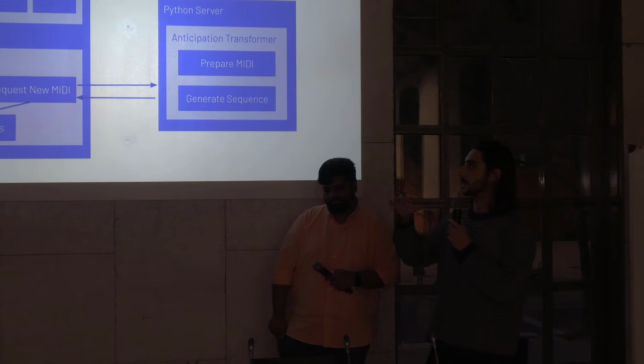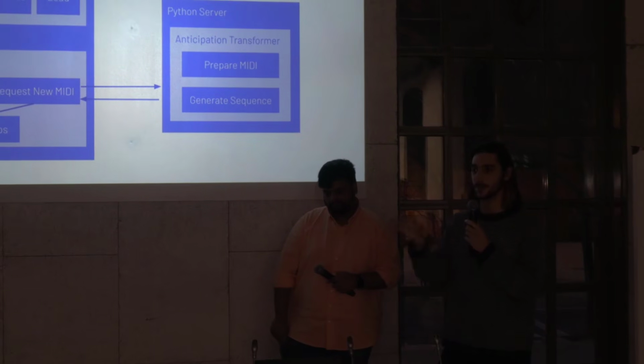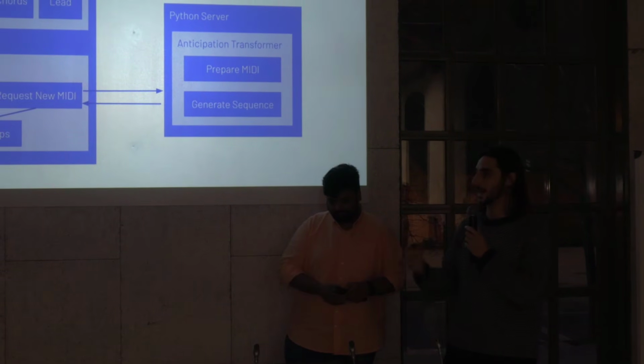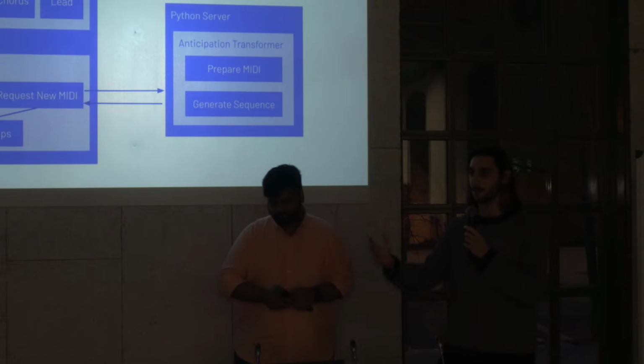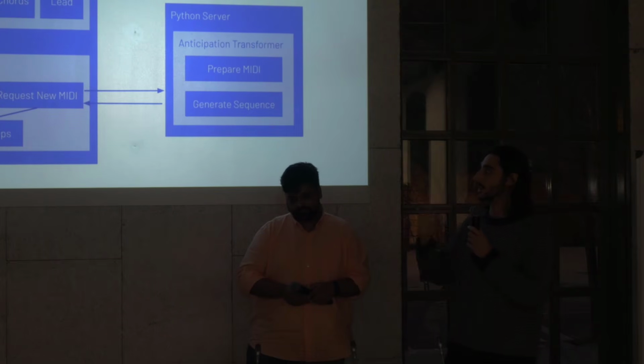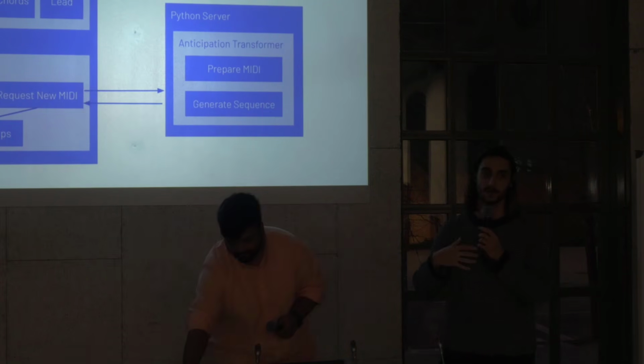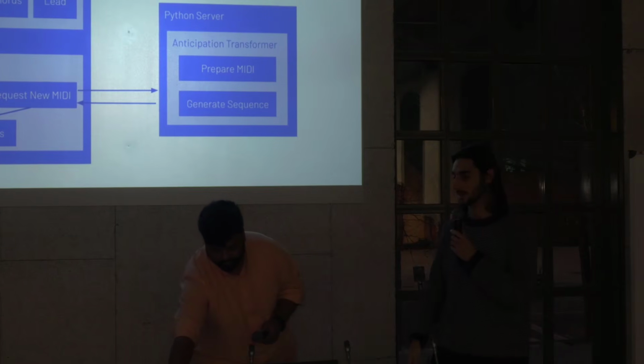It pulls out the pitch and note information from each of the 4 tracks, packages it up, sends it to our Python server and asks the model to generate new MIDI based on that context. So if we want to refresh the lead or the chords, we send everything, and it will only refresh the lead or the chords based on the other musical context and give us something musically coherent in theory.